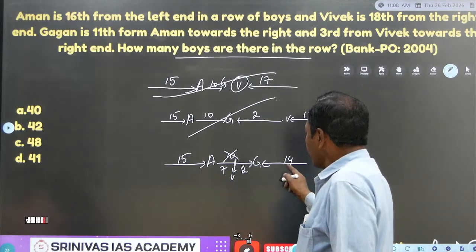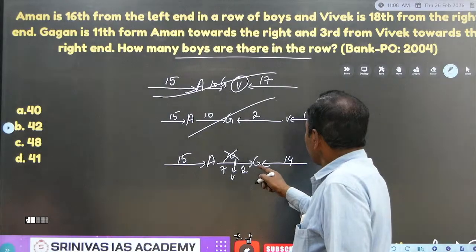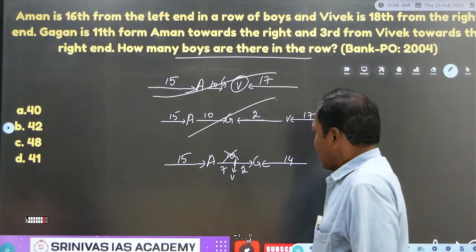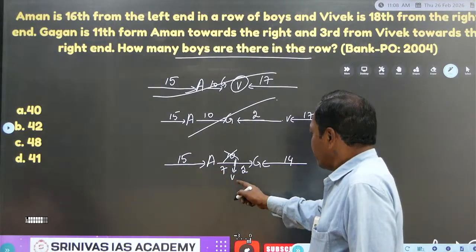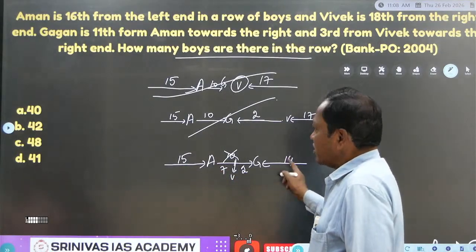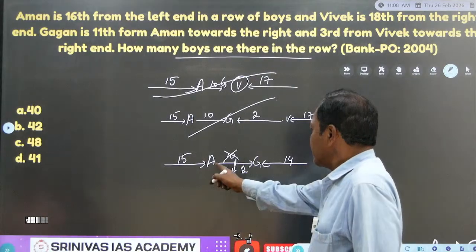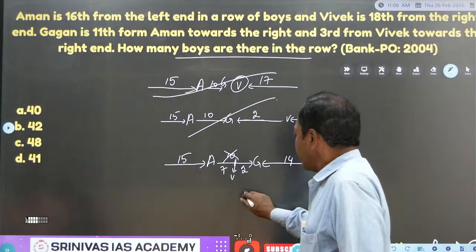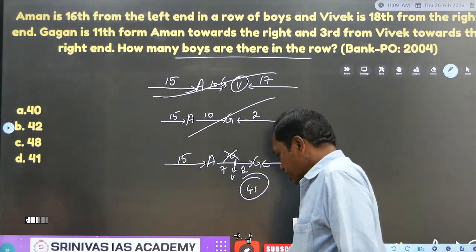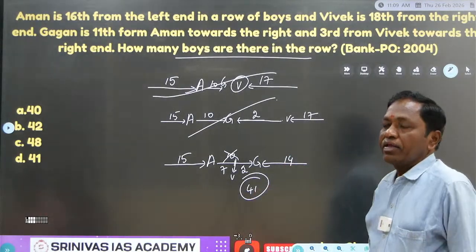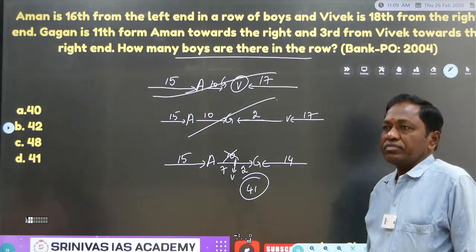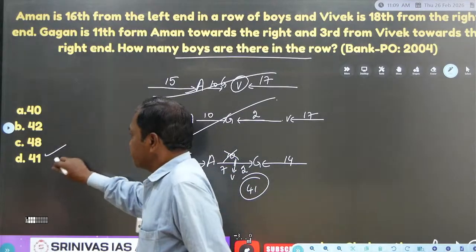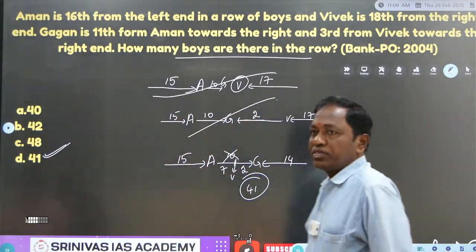Now it's okay. 16, 23, 24, 26, 27, 31, 41. 41 is the answer. Option D.